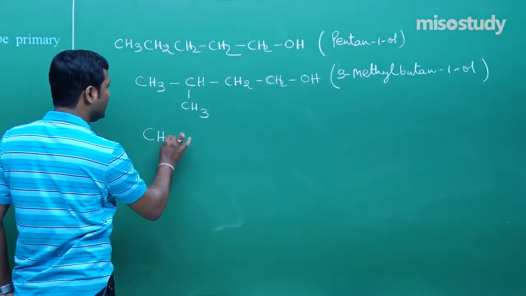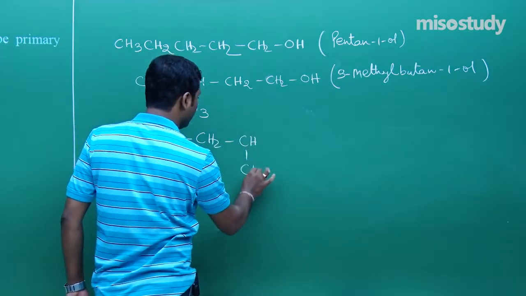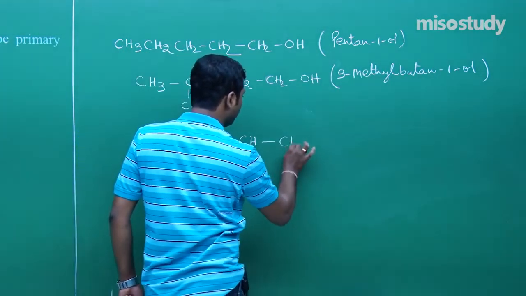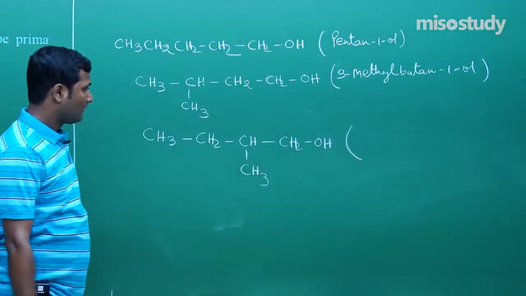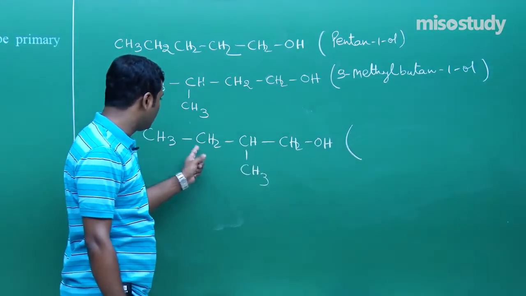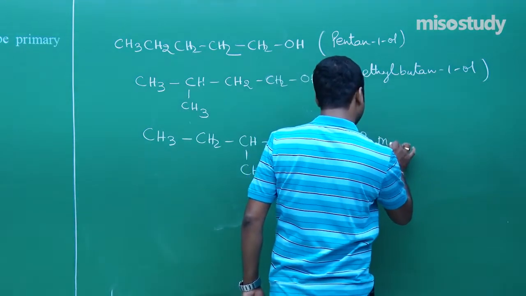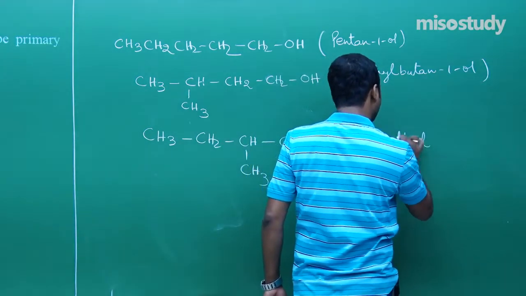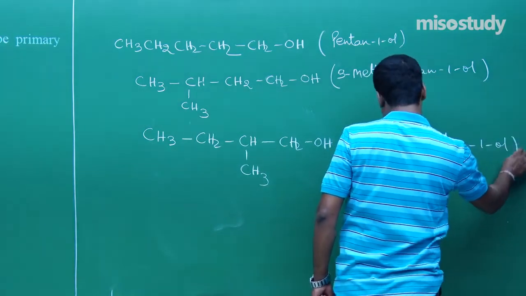If I write CH3, now put here CH2, now put here CH3, now put here CH2, now put here OH. Now name of this compound, that is 1, 2, 3, 4, that is 2-methyl butane 1-ol. Clear?